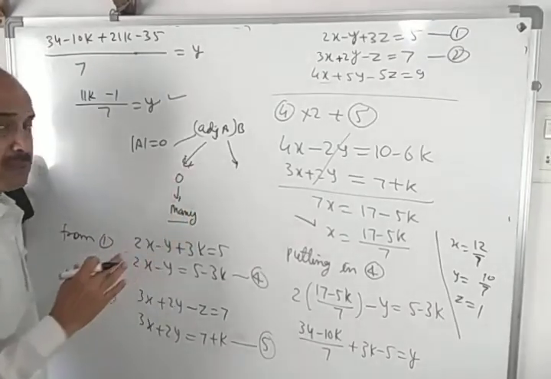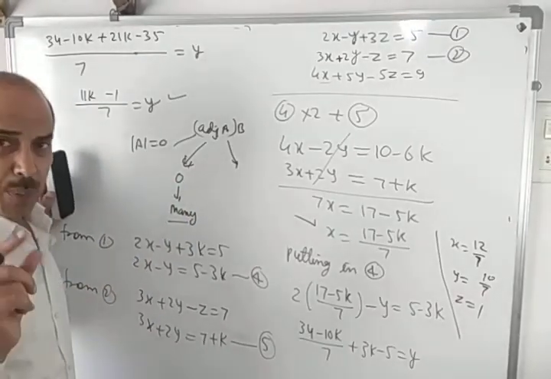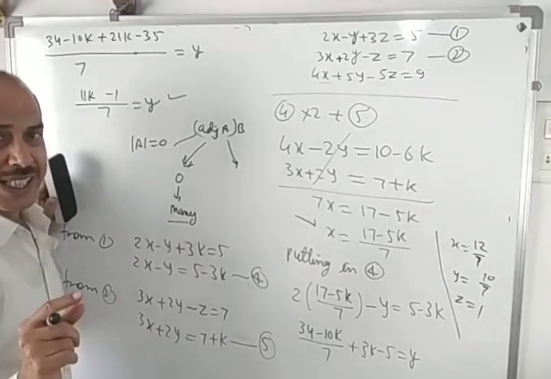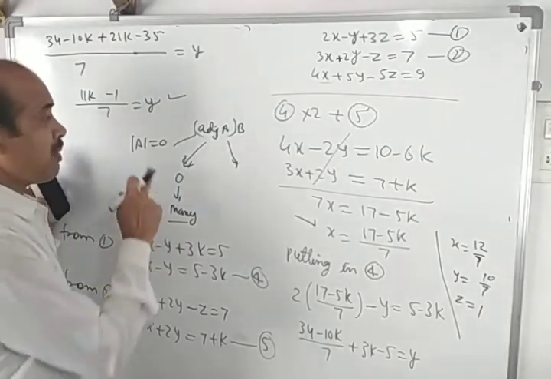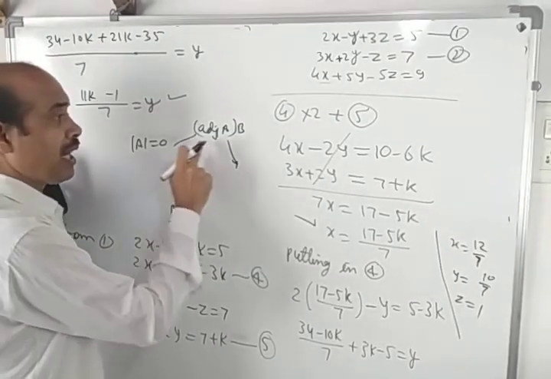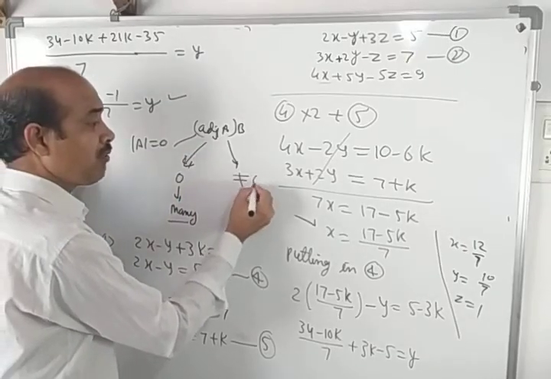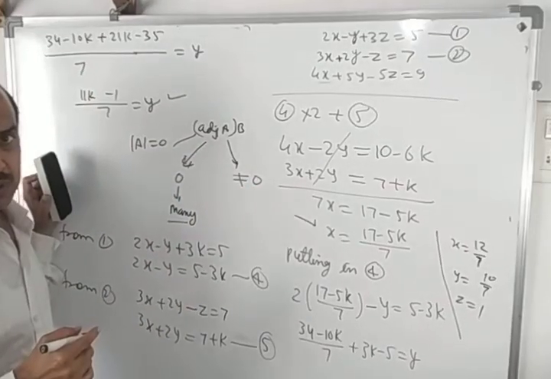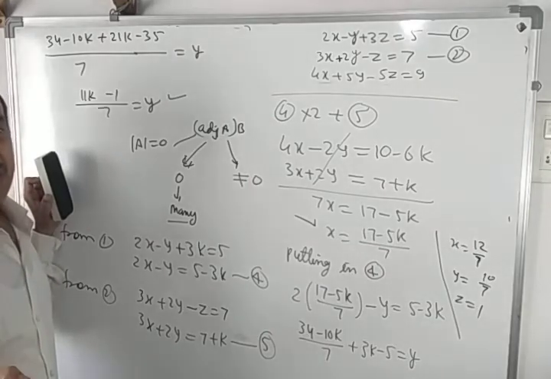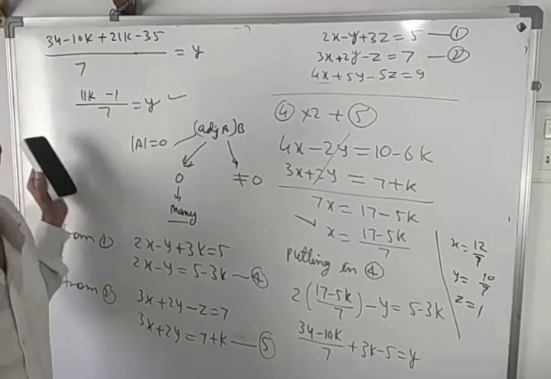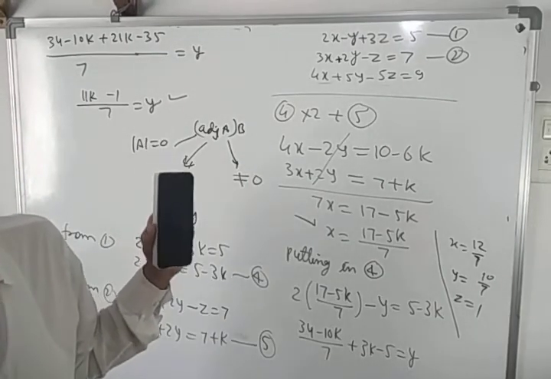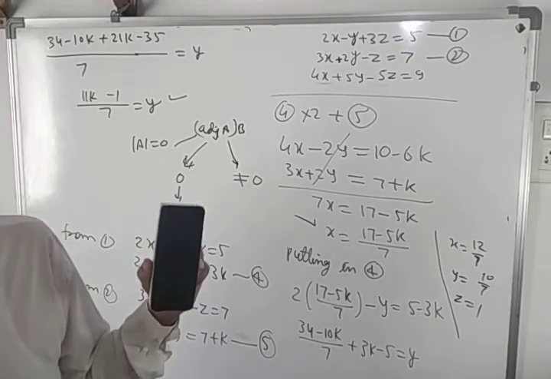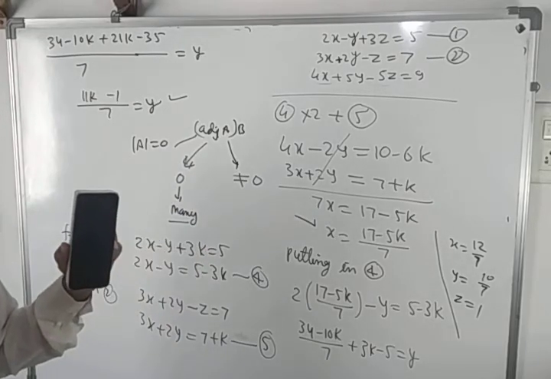Now the third case I am not going to discuss, you have to do it at home. Third case, in which determinant of A will be 0 and adjoint of A into B will be non-zero. That is question number 5 in NCERT book, exercise 4.6.